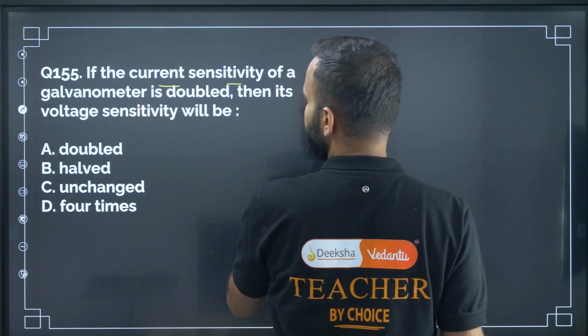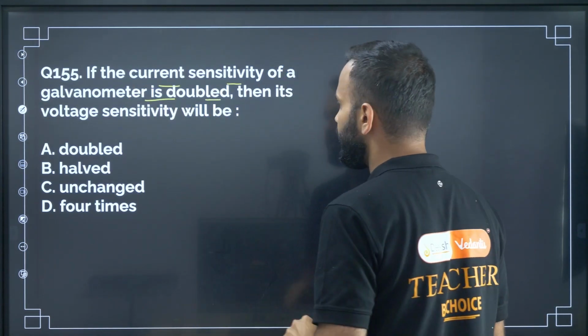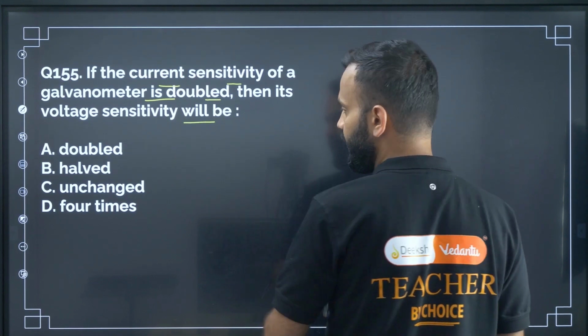If the current sensitivity of a galvanometer is doubled, then the voltage sensitivity will be.